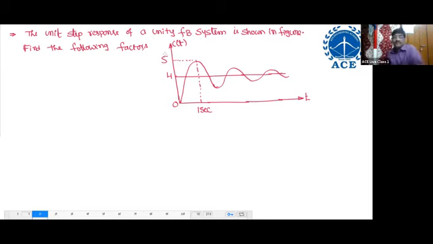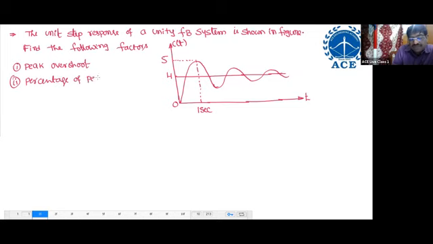This is 5. First one, peak overshoot. Second one, percentage of peak overshoot. Third one, damping ratio.